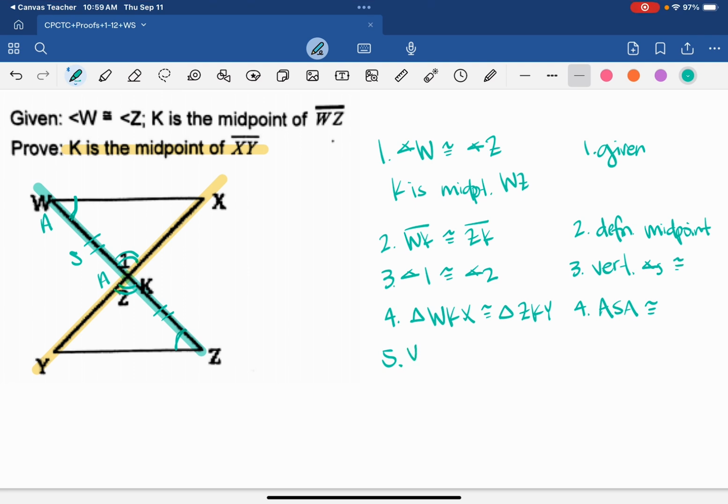So if I say YK is congruent to XK, that is my corresponding parts of congruent triangles are congruent. You'll notice that we always use CPCTC after we've first proven that our triangles are congruent. And now we can say that K is the midpoint of WZ, and that's just our definition of midpoint.